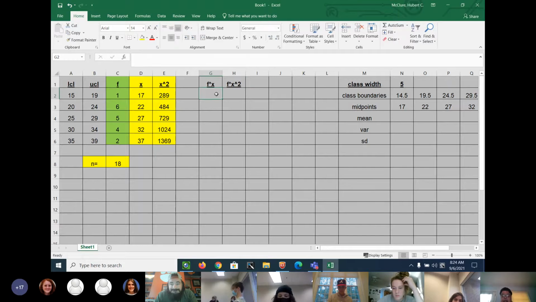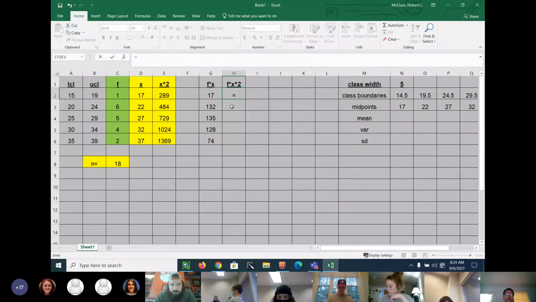So f times x is equal to this number times this number. Copy that down. And f times x squared.